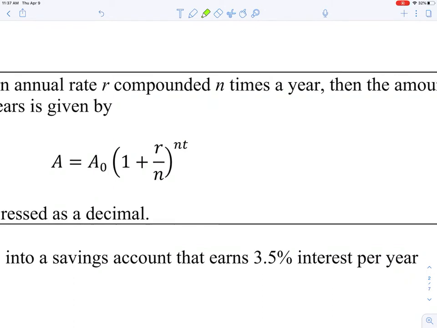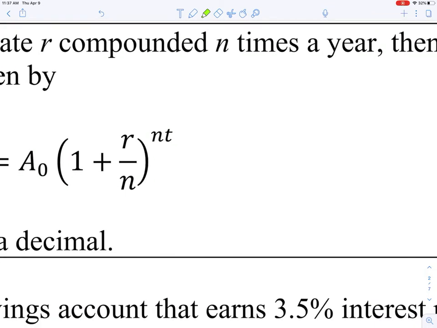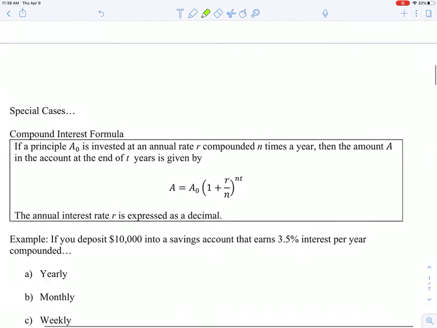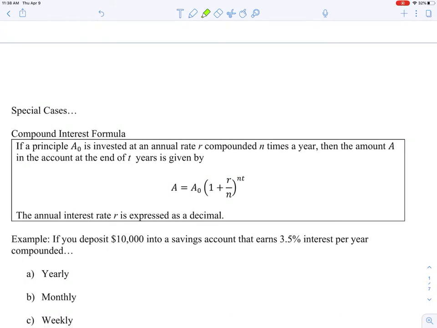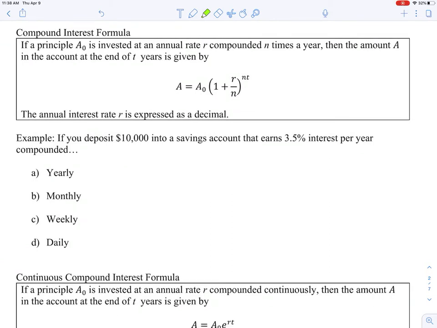And then to come up with the number of periods that have occurred, if T is in years and the amount is compounded quarterly, you would do 4 times T to represent the number of periods that have occurred. So 4 times the number of years that have passed. And the annual interest rate is expressed as a decimal, just like R was represented as a decimal before.